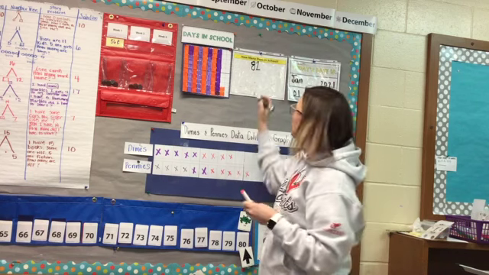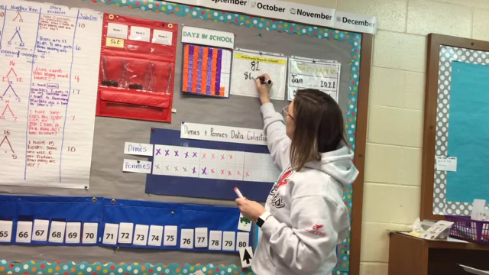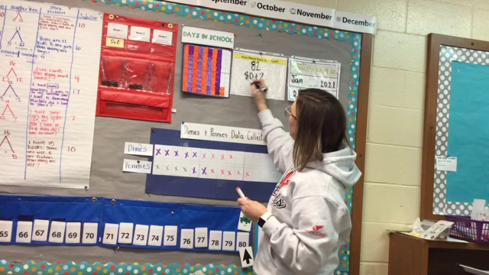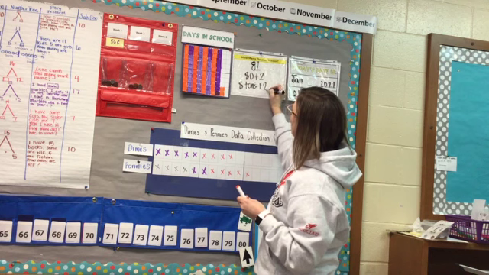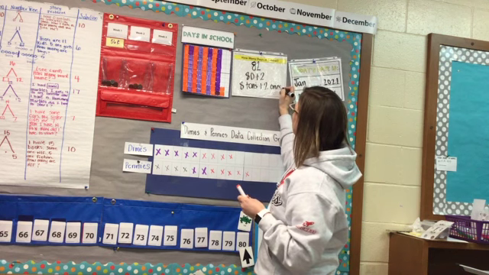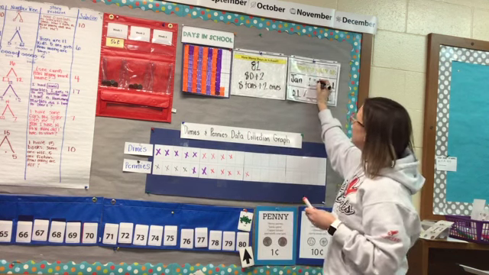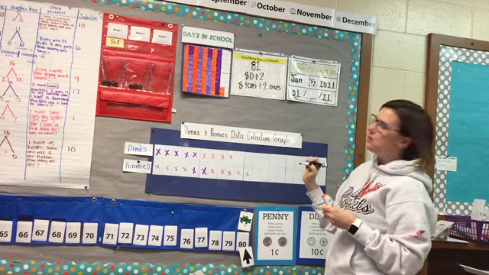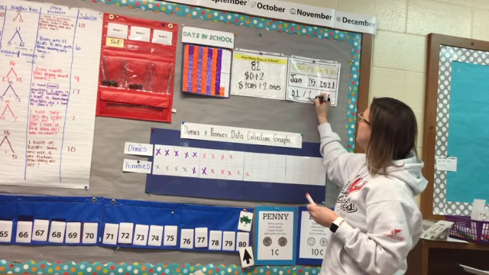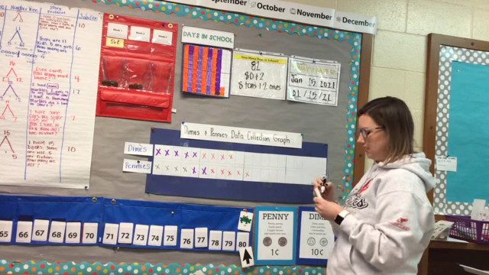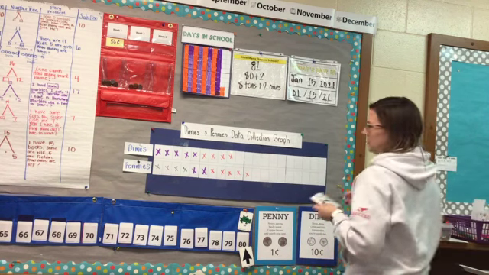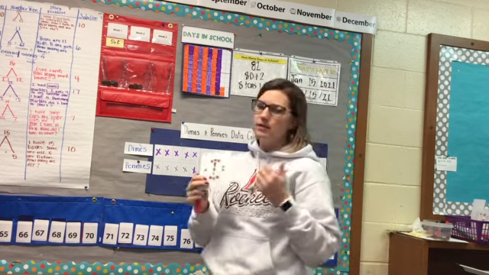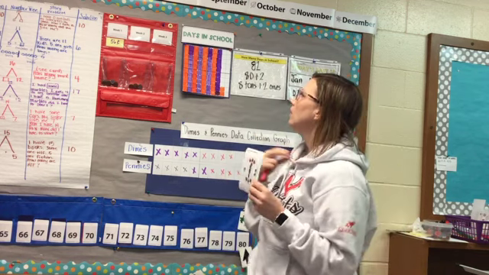That makes 82. 80 plus 2, 8 10s plus 2 1s. And today is January 15th, 2021, 1-15-21. And then the last thing we'll do today is we will collect dimes and pennies for week 2.